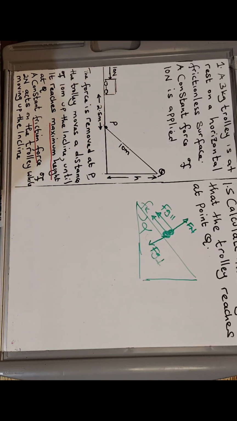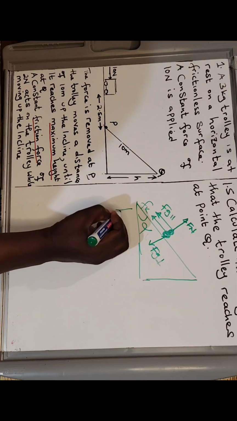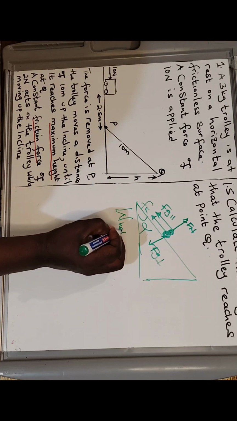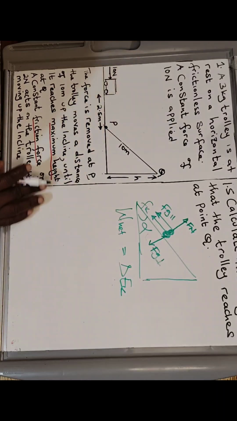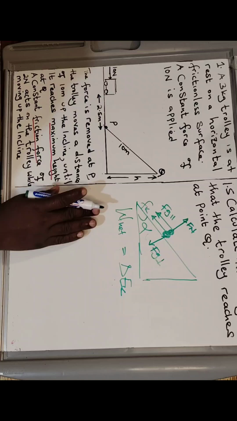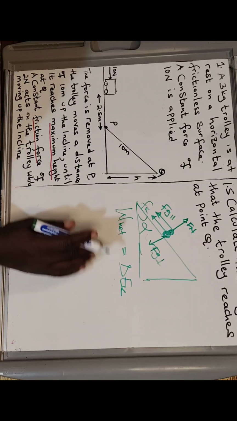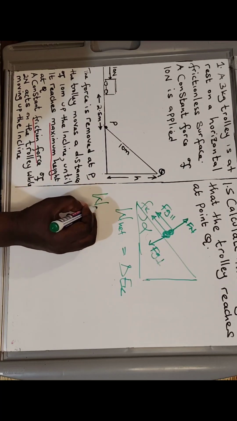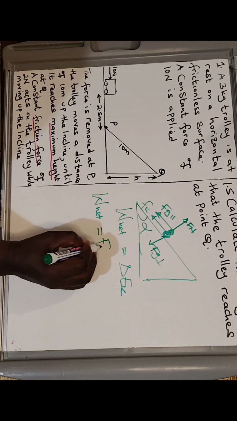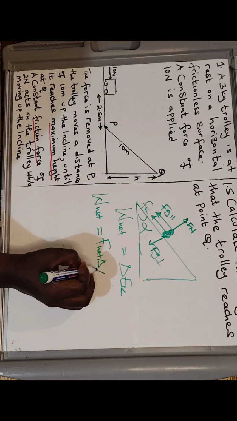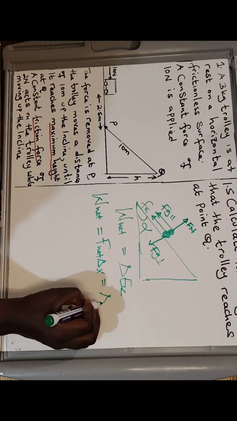And we are going to borrow the same work energy theorem which we used before. What does it say? It says net work done is equal to change in kinetic energy. Like I said before, this is expandable to become net work done equals F net delta X equals delta EK.